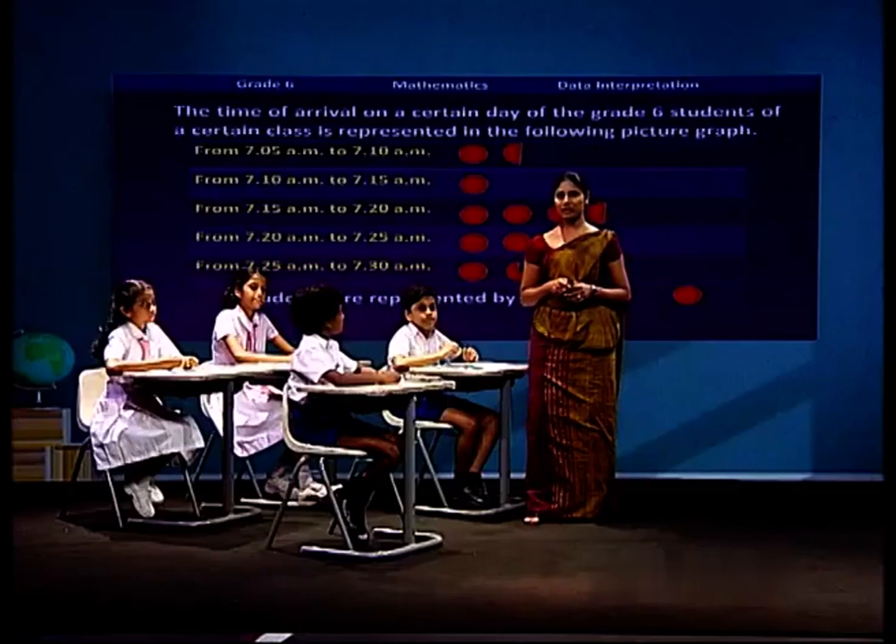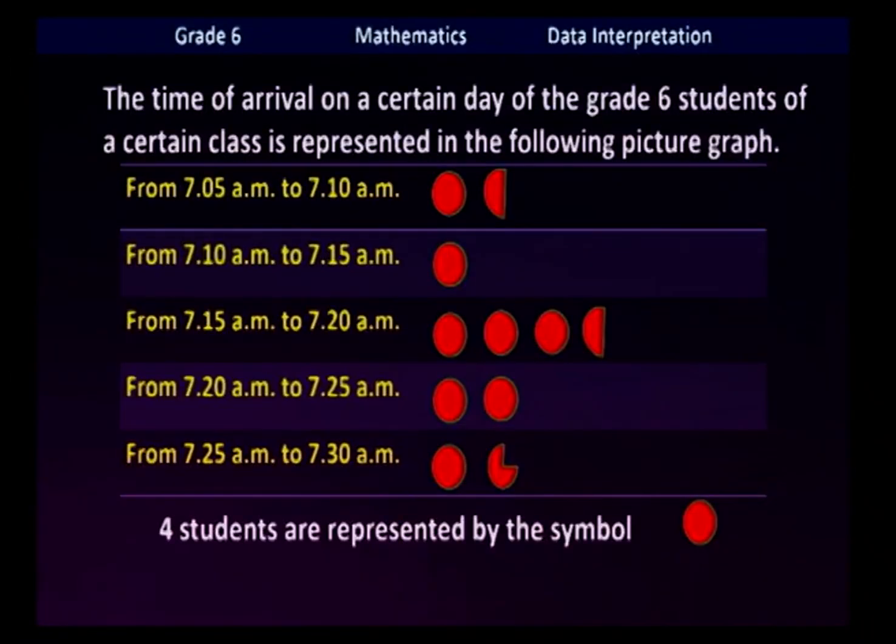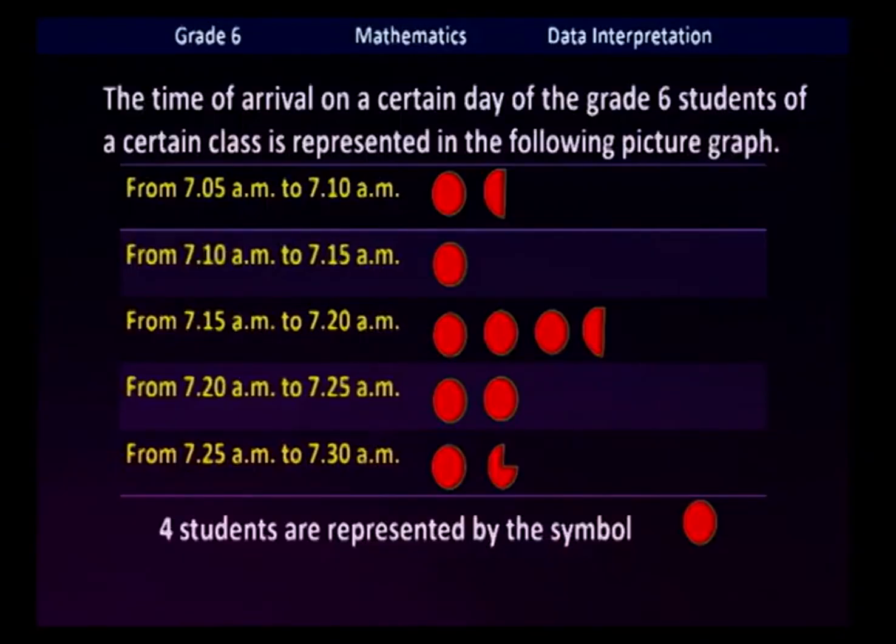Umali, how many students are represented? 4 students. Yes, very good. Half of the symbol, how many students will be represented, Shenara? 2 students. Using this symbol 4 students, and half of this symbol represents 2 students.